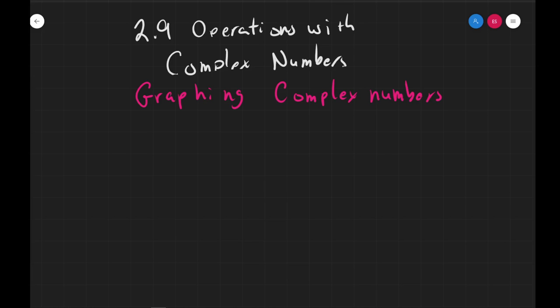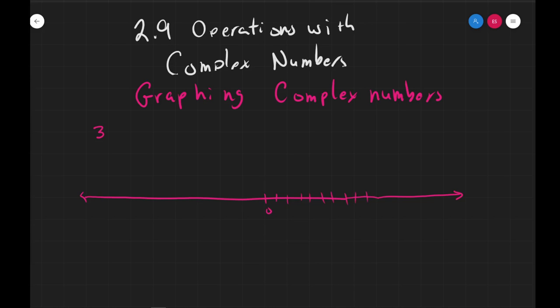So first, if we wanted to graph the number 3, we would have a number line. A number line generally is a straight line that extends forever in both directions, and we have things like 0 marked on here, and 1, 2, 3, 4, 5, 6, 7, 8, 9.